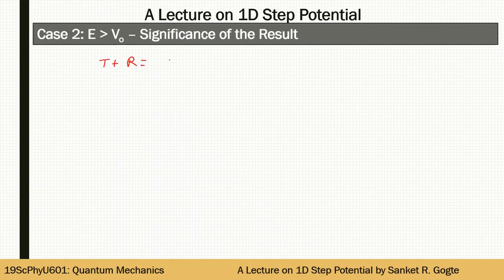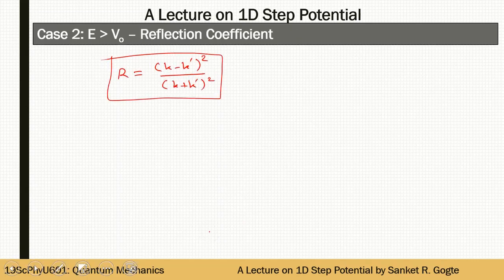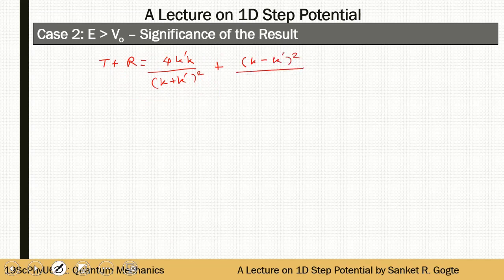Now t is 4k k prime divided by k plus k prime squared, and plus r, which is k minus k prime whole square divided by k plus k prime whole square. So let's see what we have.